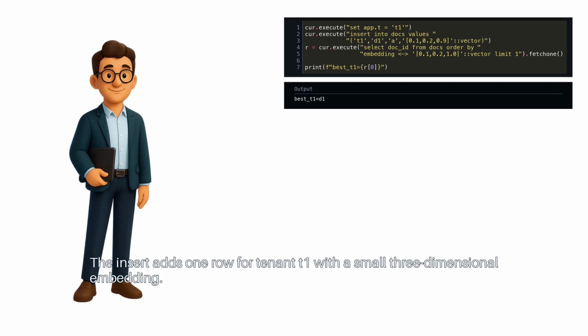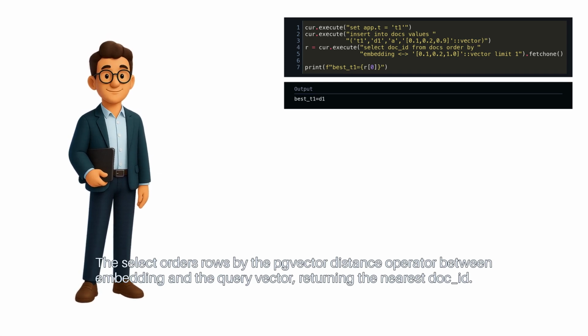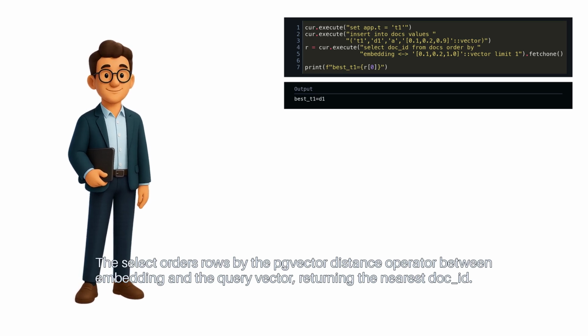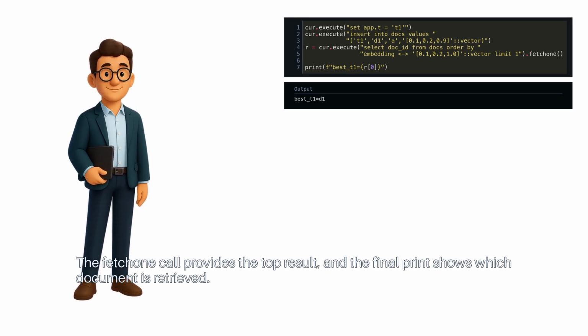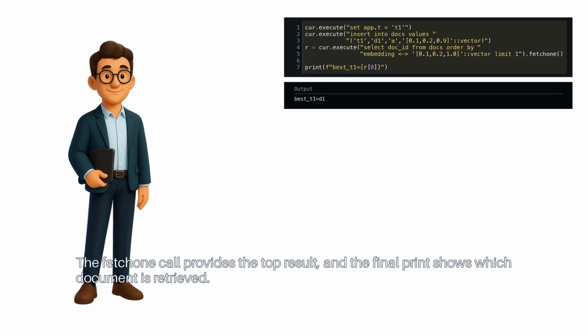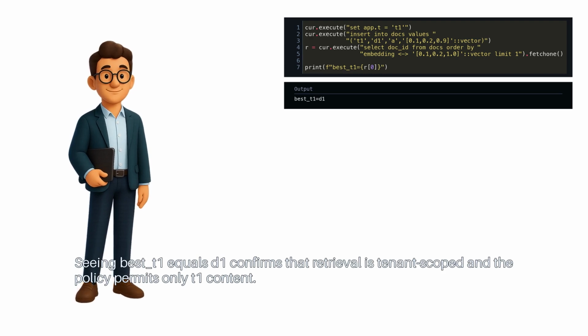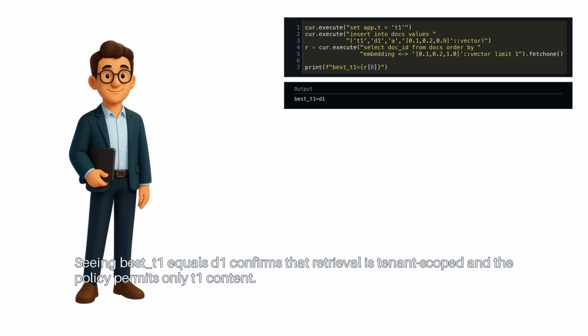The insert adds one row for tenant T1 with a small three-dimensional embedding. The select orders rows by the pgvector distance operator between embedding and the query vector, returning the nearest doc ID. The fetch1 call provides the top result, and the final print shows which document is retrieved. Seeing best T1 equals D1 confirms that retrieval is tenant-scoped, and the policy permits only T1 content.